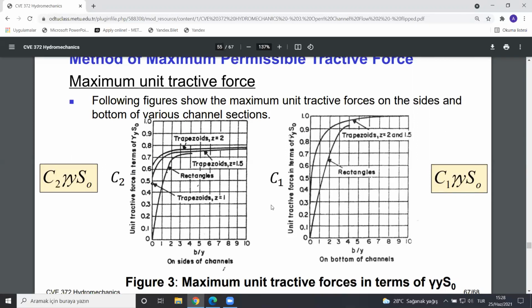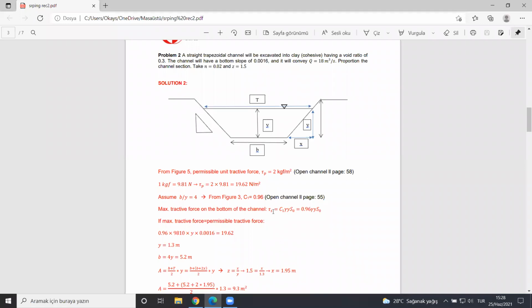After we find C1, by using this equation, we will calculate our maximum unit tractive force. What is the equation? C1 times gamma times y times S0.